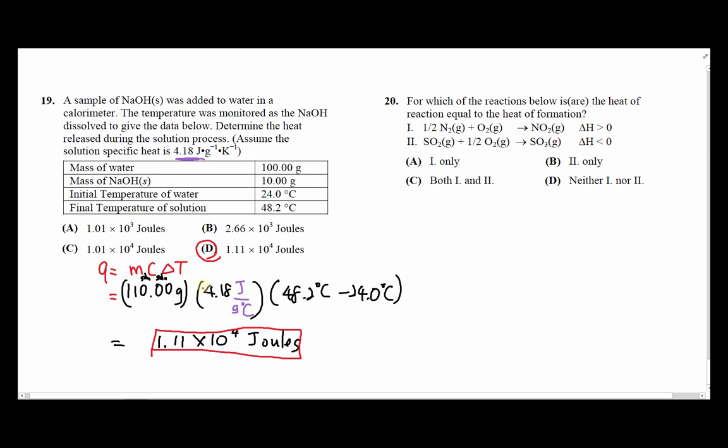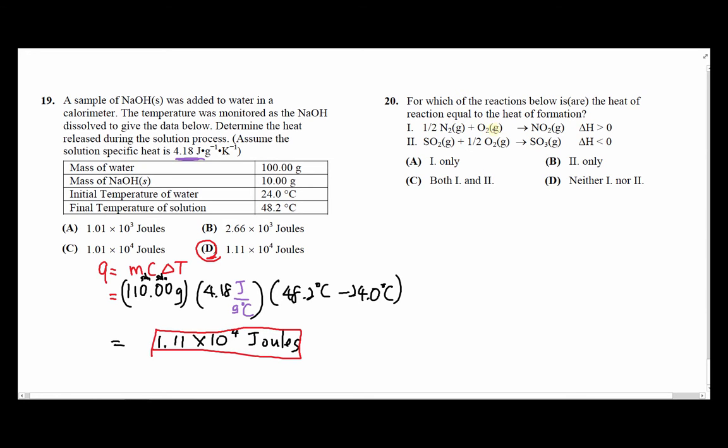So to recap, when this becomes dissolved in water, the solution is releasing heat, and there was a heat flow out of the system, making it exothermic. So answer is D.